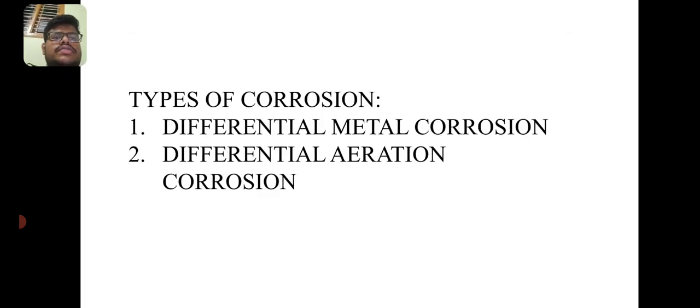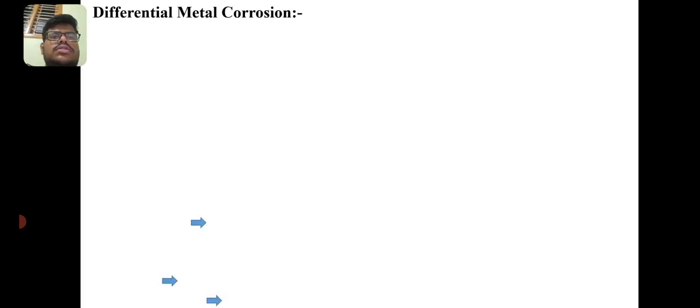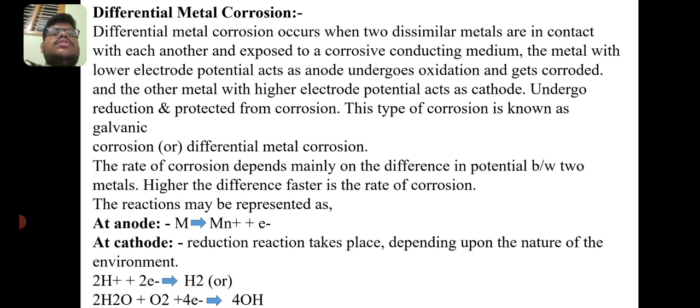Types of corrosion: differential metal corrosion and differential aeration corrosion. Differential metal corrosion occurs when two dissimilar metals are connected to each other and exposed to a corrosive conducting medium.